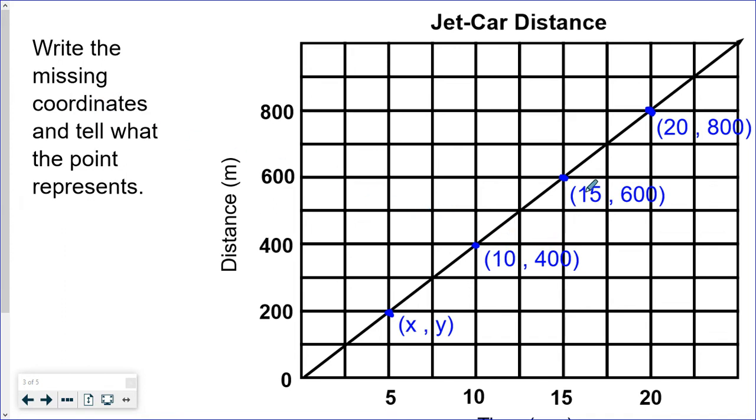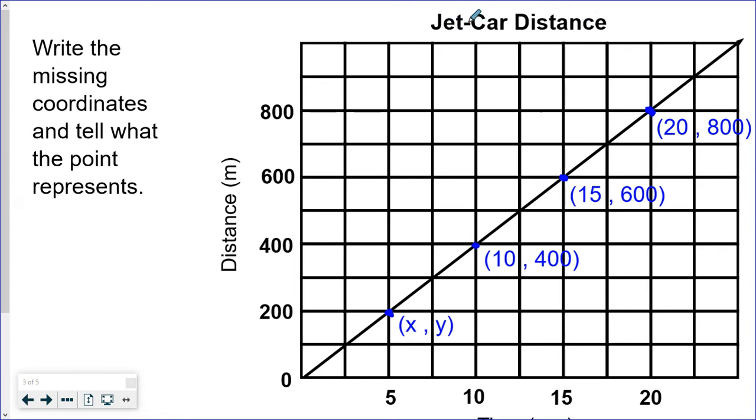And notice we have some coordinates there, but these right here, these are the ones that are missing. This coordinate right here is missing. We're going to write the missing coordinates, and then we're also going to tell what do those points represent. All right, so in order to figure out what those points represent, we got to look at this whole graph. Up here, the graph title is jet car distance.